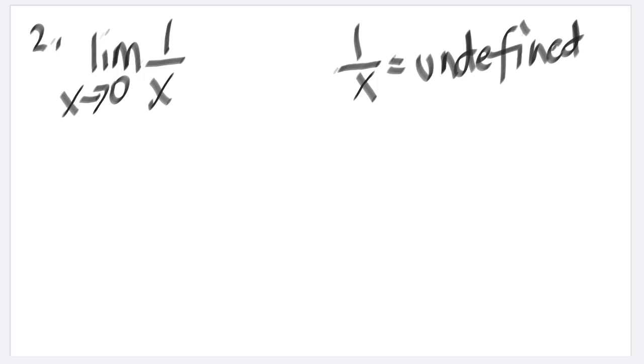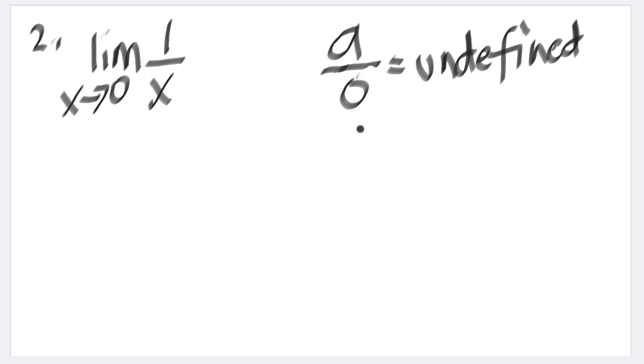But in calculus, 1 over 0, or any number, let us say a over a value 0, that is an undefined value, or undefined function, undefined number.